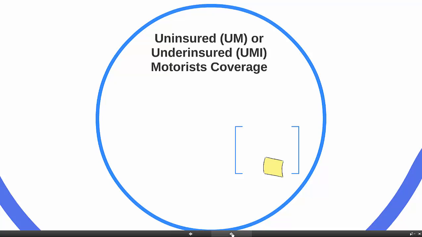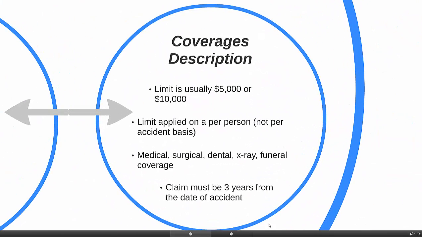Now let's look at uninsured, or UM, or underinsured, UIM, motorist coverage. Uninsured motorist pays compensatory bodily injury damages just like liability insurance if the insured on the PAP was not at fault. If we were to look back at the medical payments coverage, notice that it only covers medical, surgical, dental, x-ray, and funeral coverage.